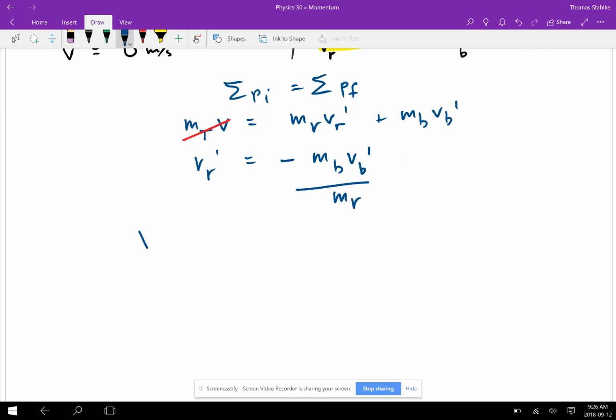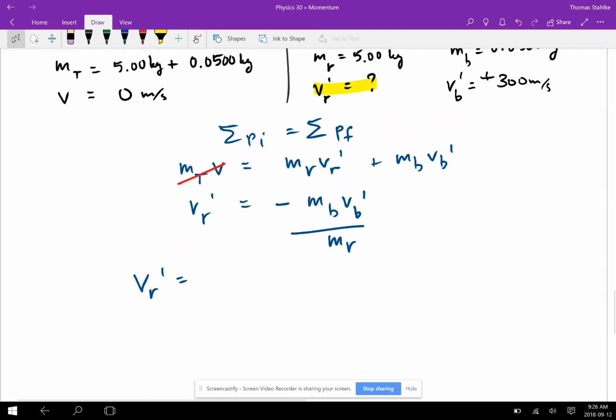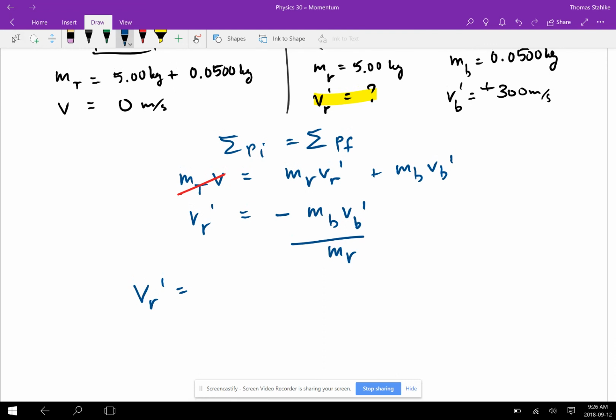Okay, let's substitute our values in. So the mass of the bullet looks like 0.0500 kilograms times 300 meters per second in the positive direction.